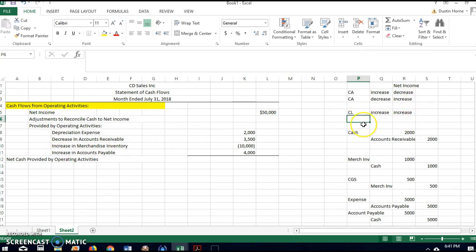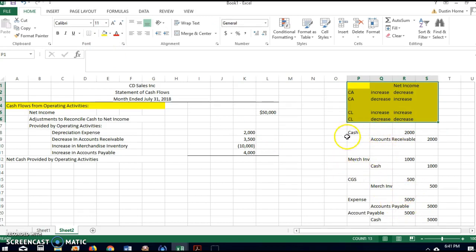It's a direct relationship there, increase. If our change in our current liability is a decrease, the adjustment is going to be a decrease to net income.